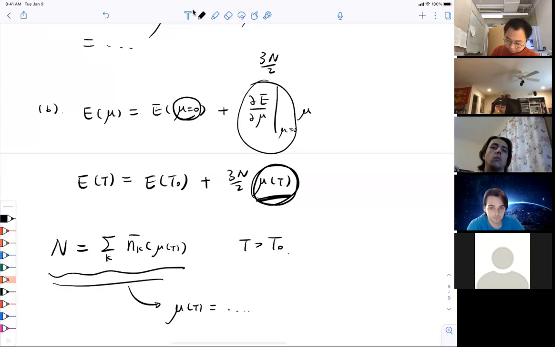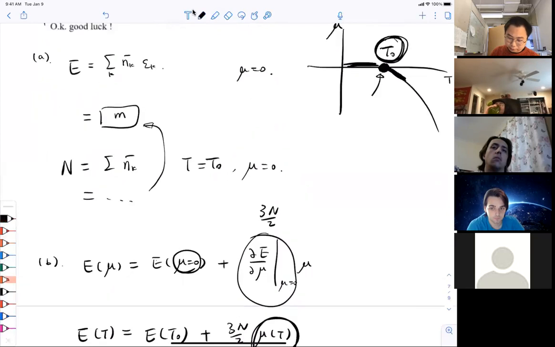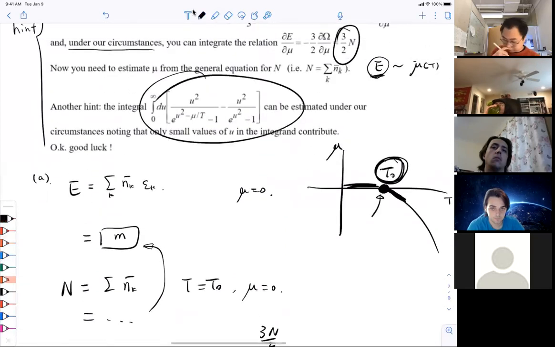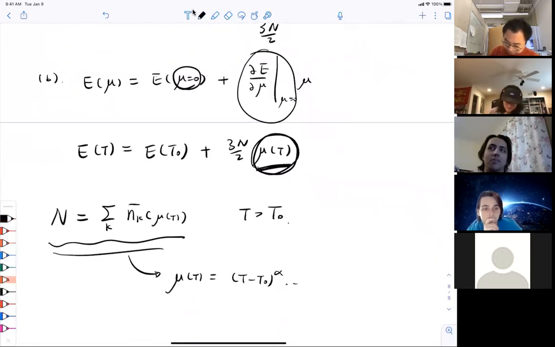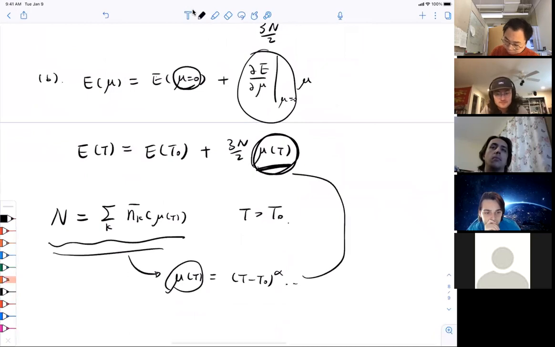From this, we can solve this. Some T minus T naught to some power. You can do some approximations according to this, and once we have this chemical potential as a function of temperature, we can plug in.